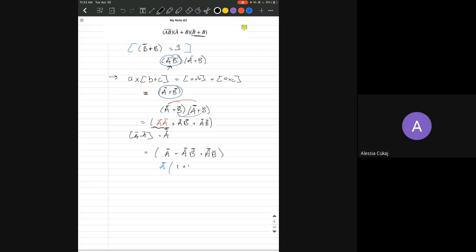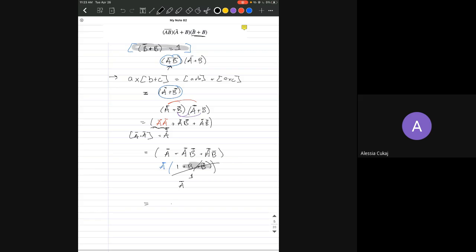If I pull out a naught, I'm going to get 1 plus b naught. If you look really closely, this part looks just like this, so we can simplify it even further, and that becomes 1. So this whole thing just becomes 1, and a naught times 1 is just a naught.